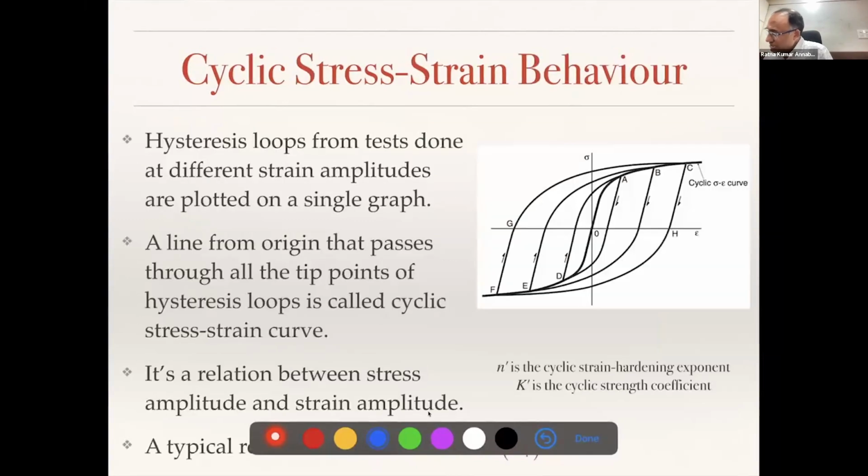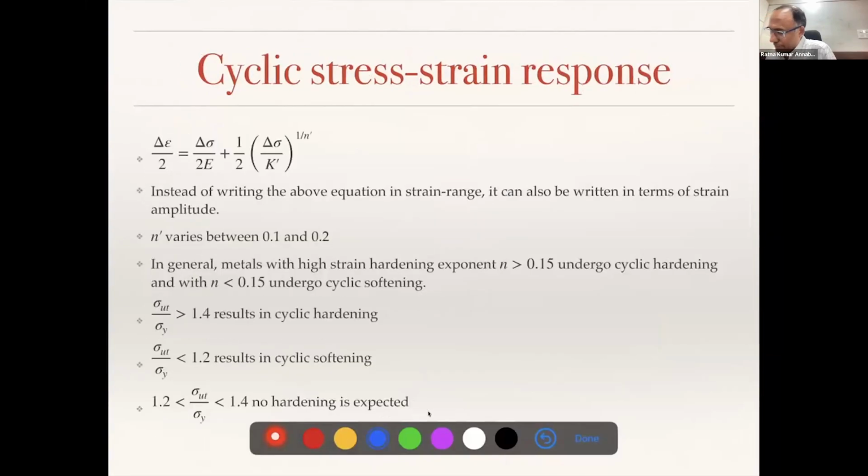So now this cyclic stress strain curve can be represented using a constitutive relation like this. And of course, you can write it in terms of strain amplitude instead of strain range, right? Here n dash, the 1 by n dash is there, no? That n dash is going to vary between 0.1 and 0.2.